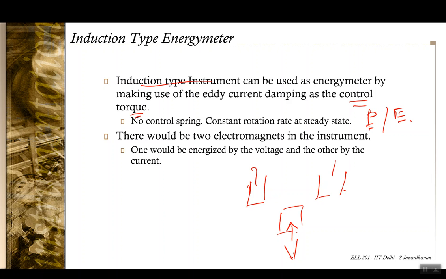The other electromagnet will carry a current that is proportional to the load current. So one will be proportional to the load voltage or the supply voltage, and one would be proportional to the load current. And this would obviously produce two fluxes, and the interaction of these two fluxes is going to give us an indication.